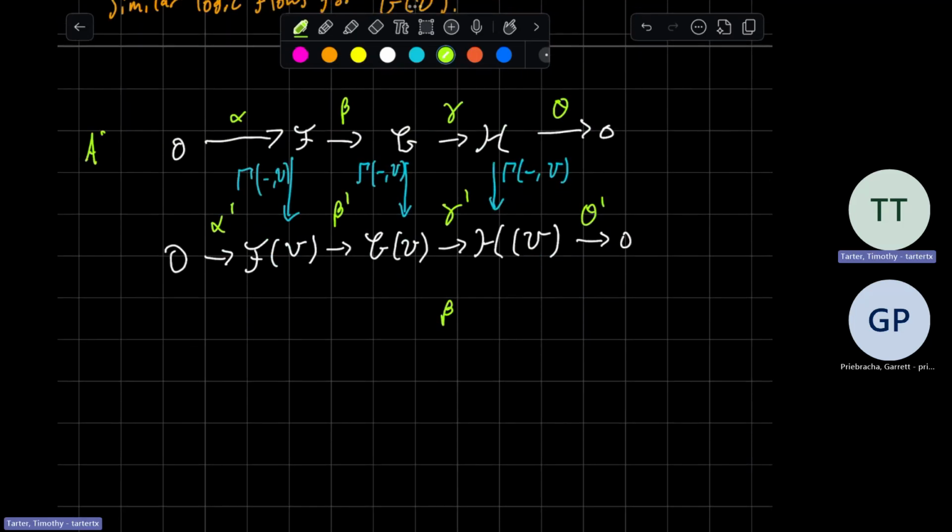If this is A bullet and this is B bullet, then essentially if alpha bullet is exact, B bullet need not be.